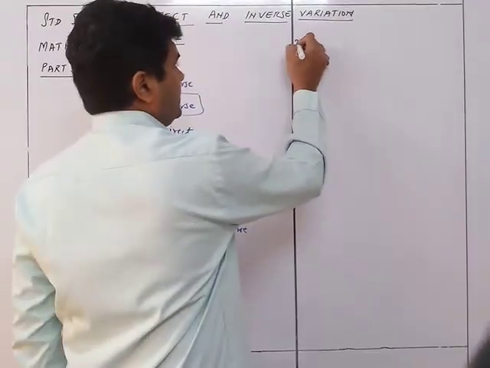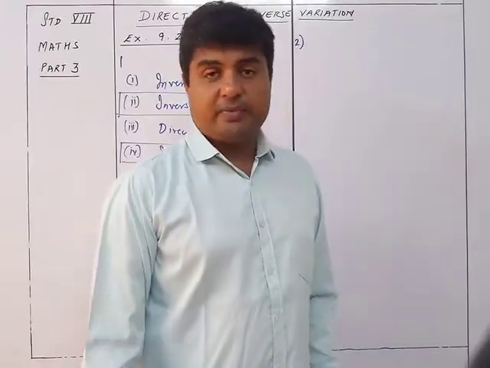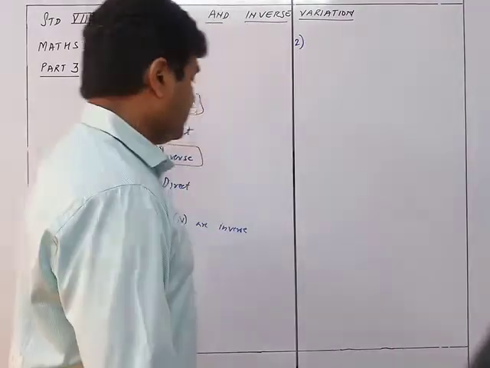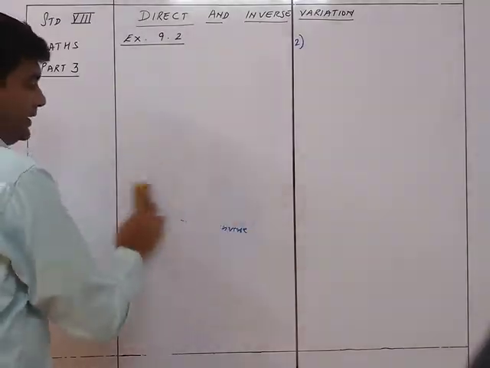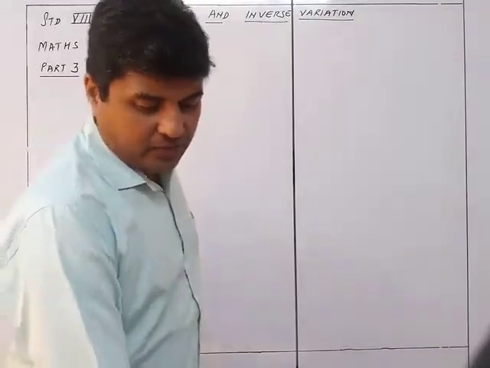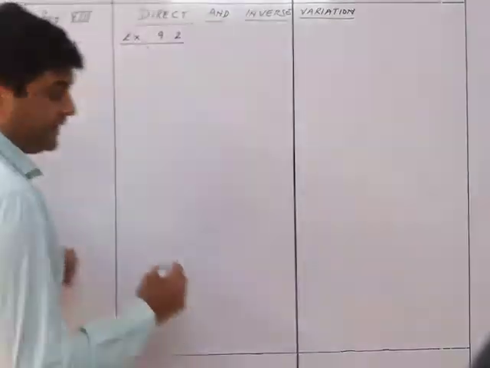We now move on to question number 2. In question number 2, you have got the table in the same way, and you need to find out whether the given data is indirect variation or inverse variation or not. So we need to find which pair of x and y are in inverse variation.